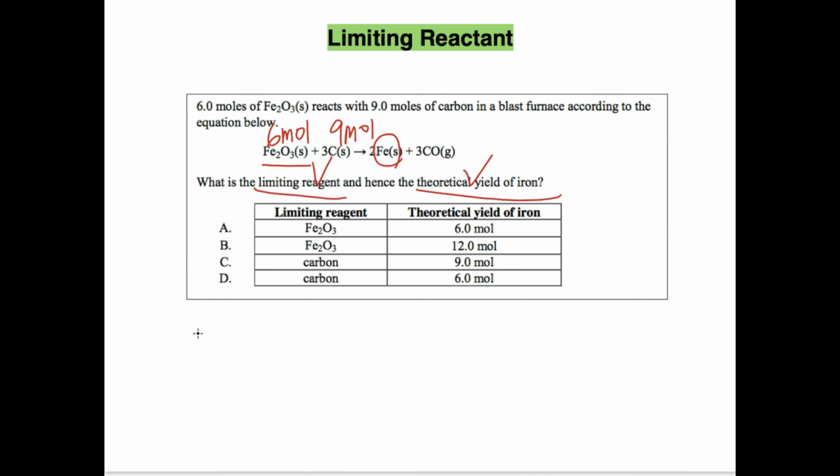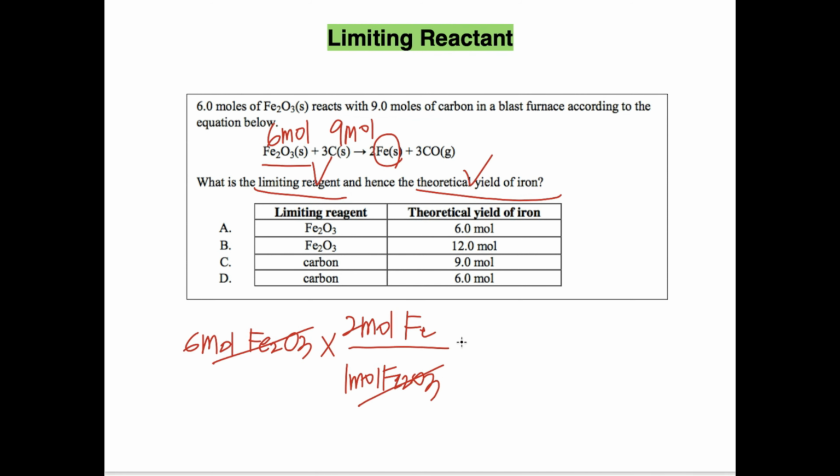Let's see. 6 moles of Fe2O3 will produce how many moles of iron? Fe2O3 and Fe is in a 1:2 ratio, right? 1 mole of Fe2O3 will produce 2 moles of Fe. So, moles of Fe2O3 will cancel and we will be left with 12 moles of iron.